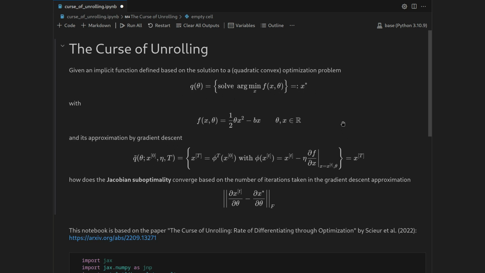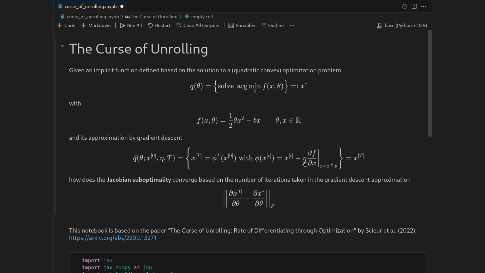So we say this is something like an approximation after t steps. And we do so by performing gradient descent updates. So we start at an initial condition and then we basically update it by going into the opposite gradient direction with a discounting scalar here. Since this is a scalar optimization problem, this will be very simple to implement.